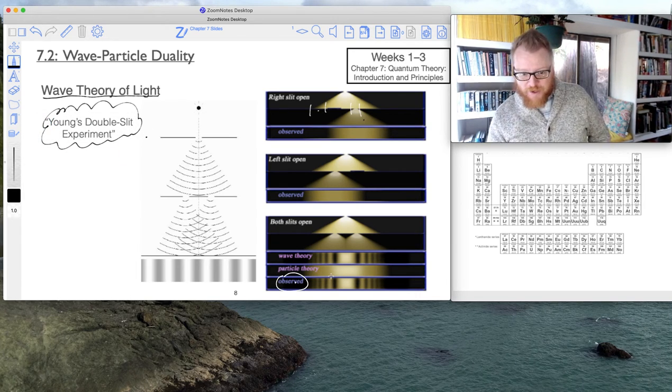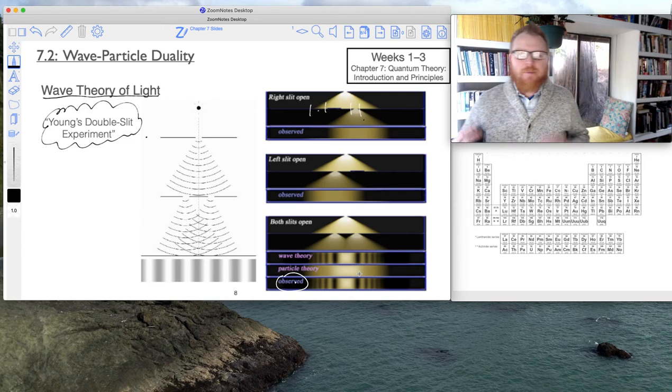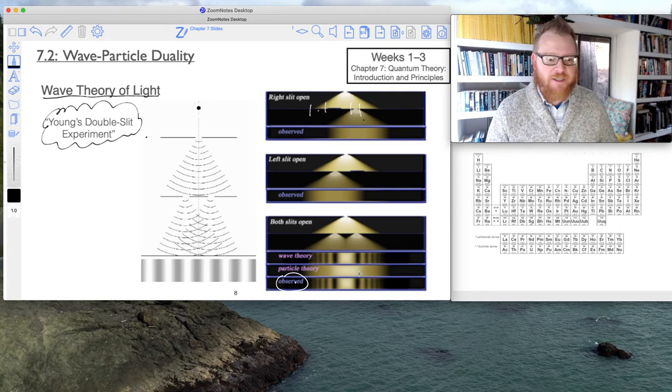And the reason you're getting this structured, patterned, banded observation is because of the interference pattern of the waves. And so that's what you're seeing here. So, interference.